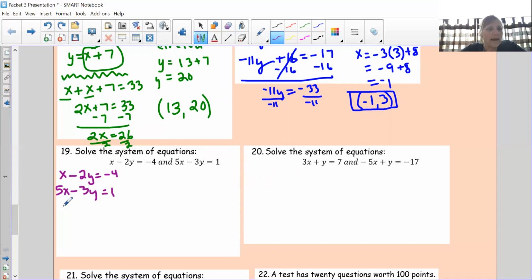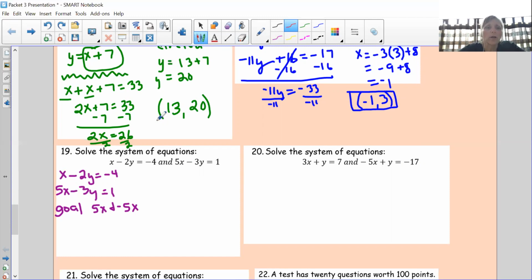Okay, now I'm going to focus on here. My goal is to have 5x. Let me write that here. My goal is 5x and negative 5x. So I want 5x up here and I want negative 5x here.